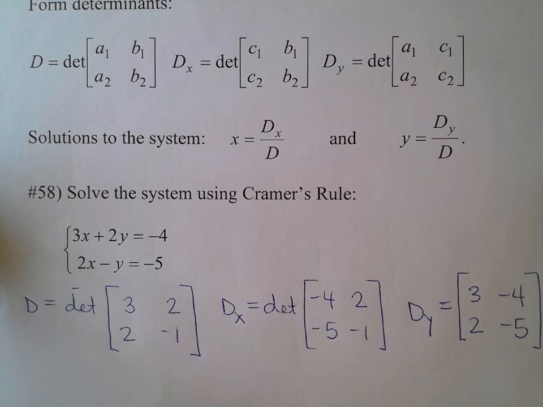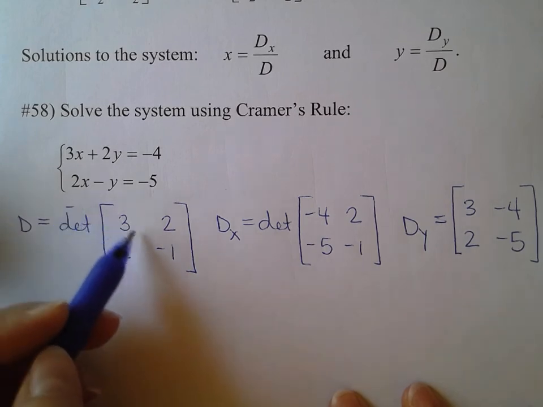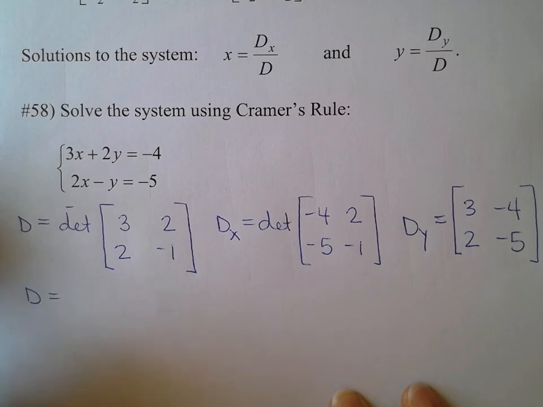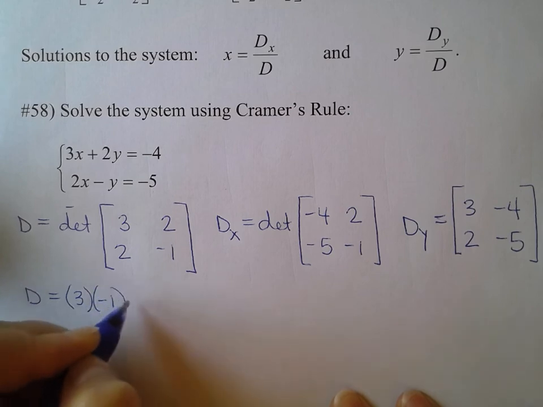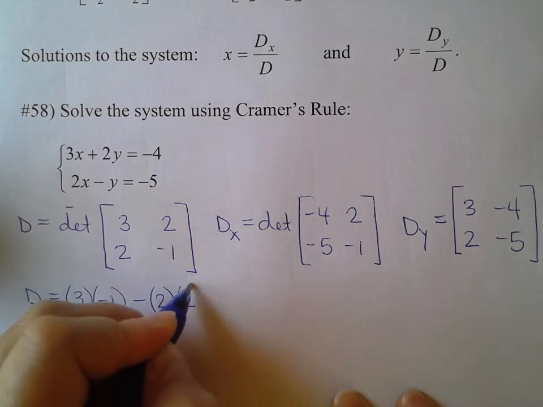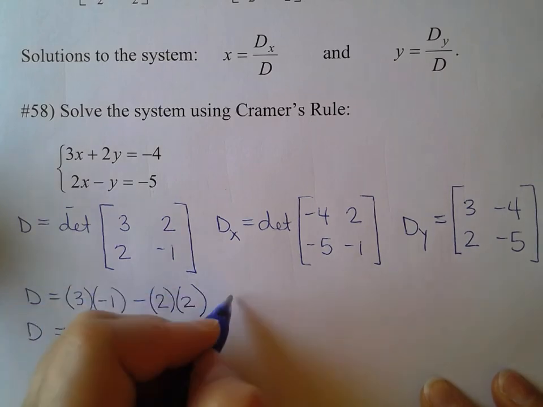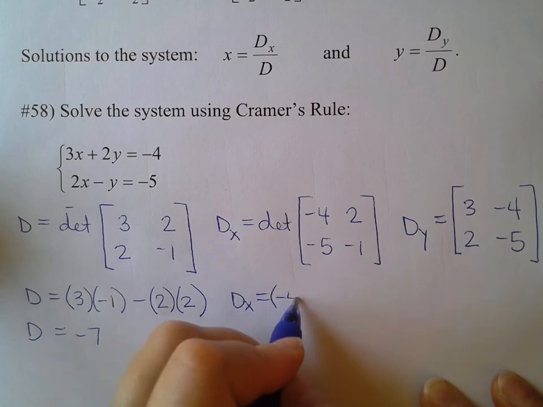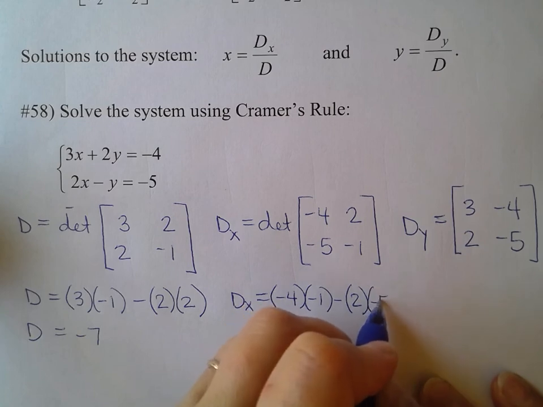Okay, now that we've formed the matrices, let's go ahead and calculate the determinants of those. Remember, it's the left diagonal minus the right diagonal. So D itself will be, I'll write it out, 3 times -1 minus 2 times 2. It's -3 minus 4, which will be -7. All right. D with regards to x will be -4 times -1 minus 2 times -5.